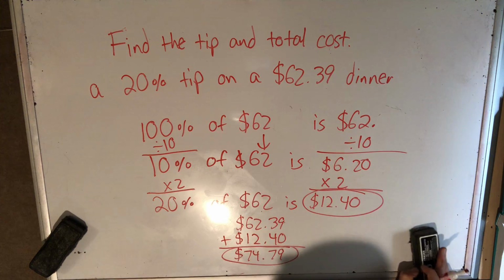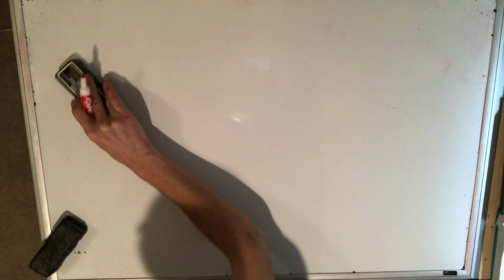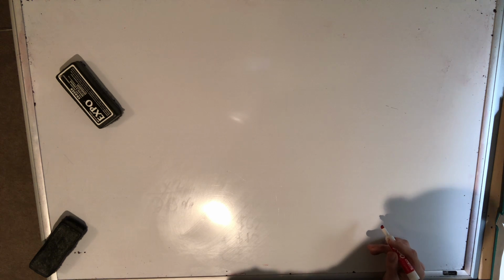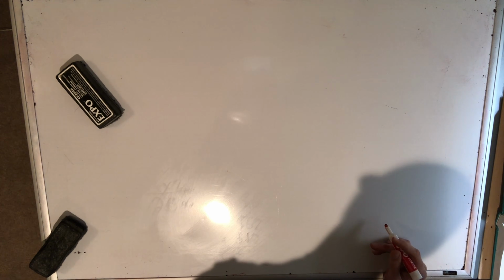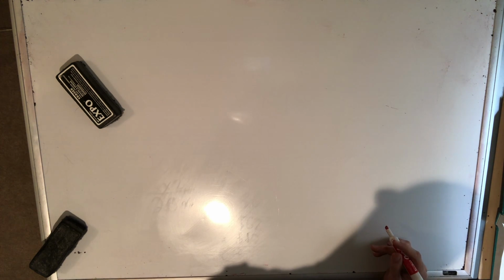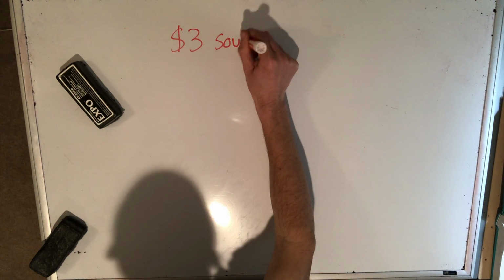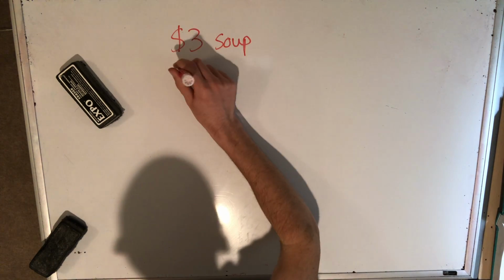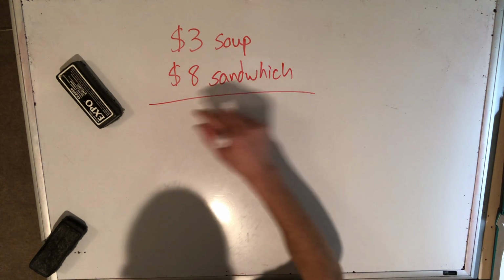All right, last problem. It's a word problem. You order a $3 soup and an $8 sandwich at a restaurant. The sales tax is 6%. You leave a 20% tip based on the cost of the food before the tax is added. How much is the total cost of the meal? $3 soup, $8 sandwich, so that's $11.